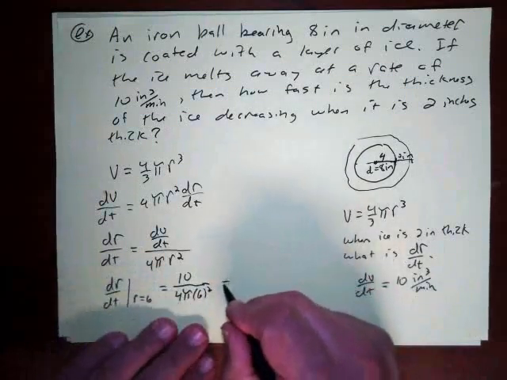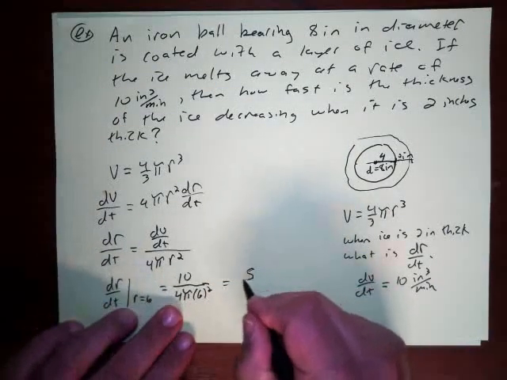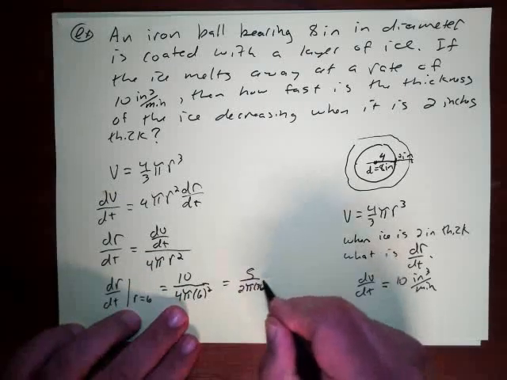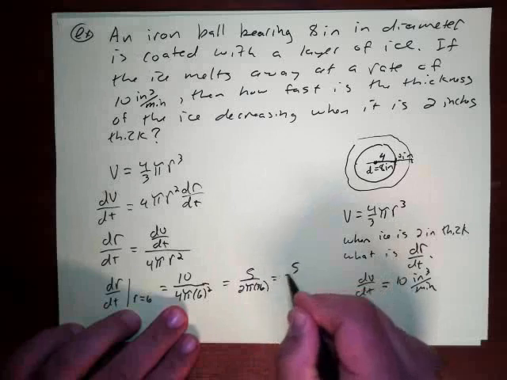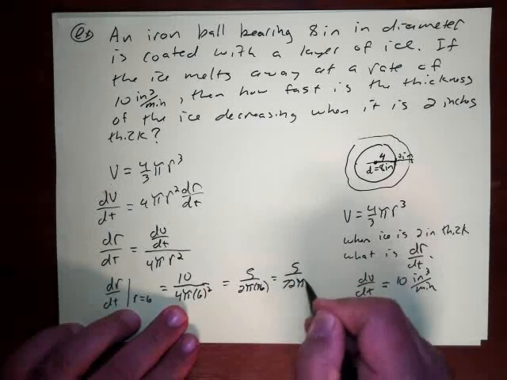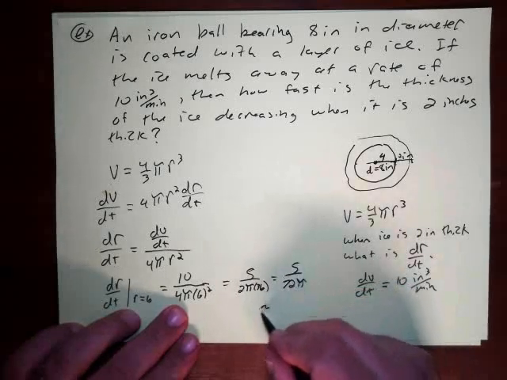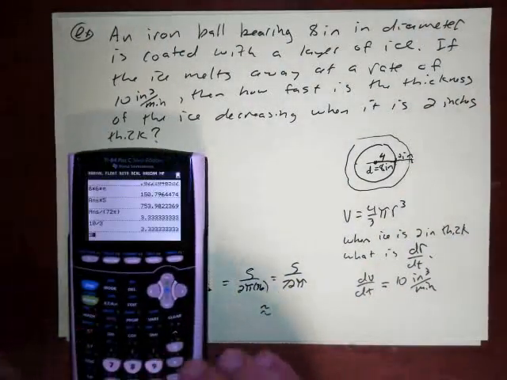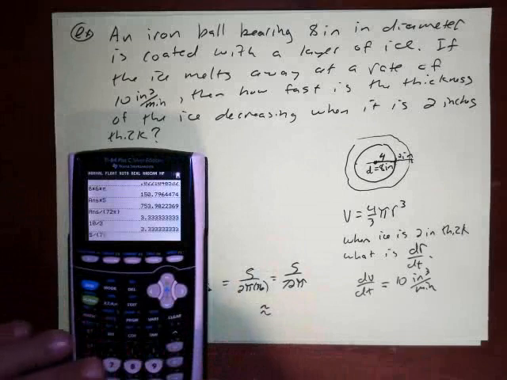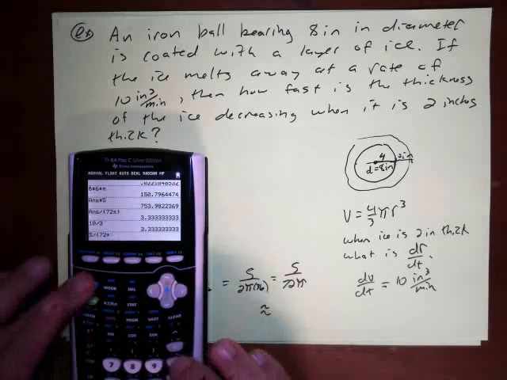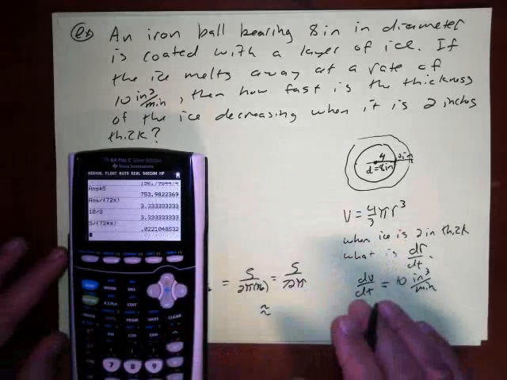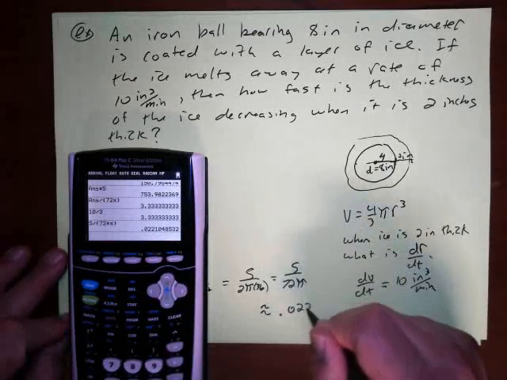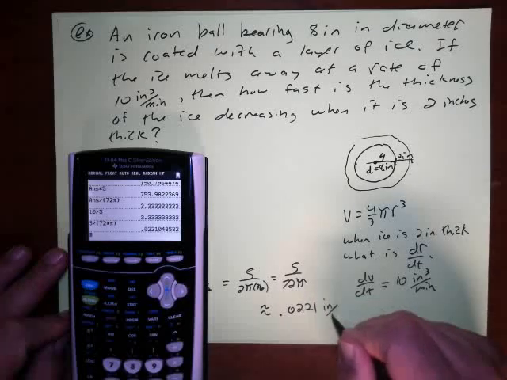So I could cancel out 5, and then I'd have a 2 pi times 36, and that'd be 5 over 72 pi. Then I could get an approximation here, 5 divided by 72 times pi, and so it's approximately 0.0221 inches per minute.